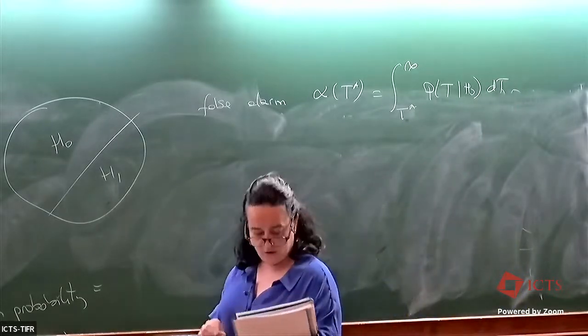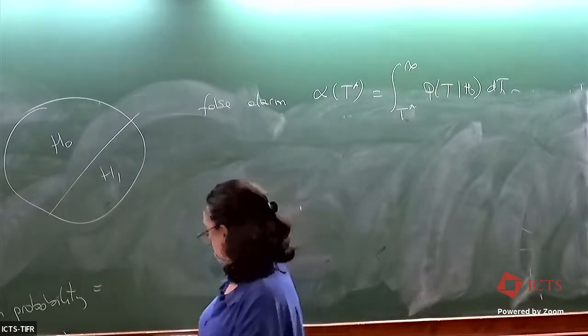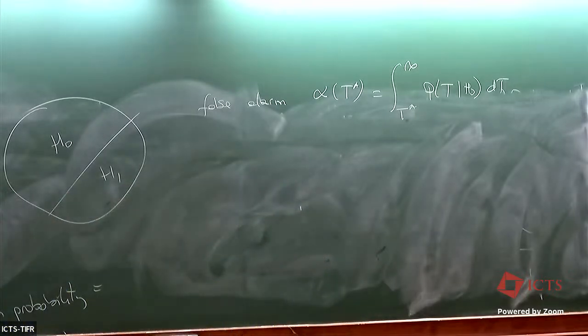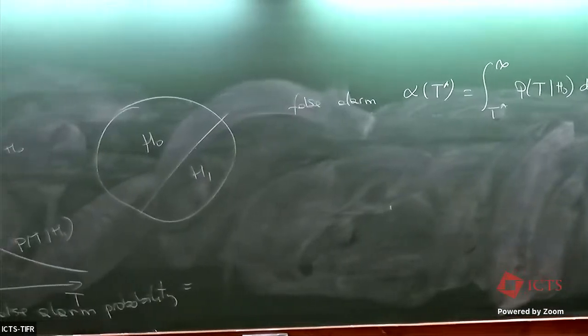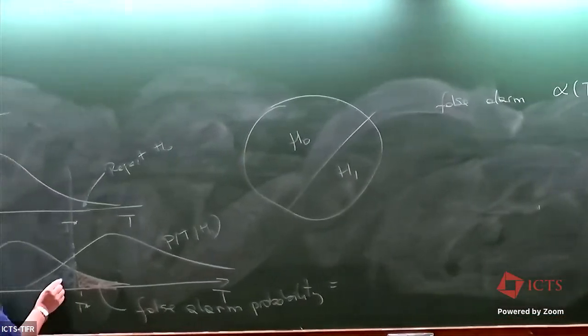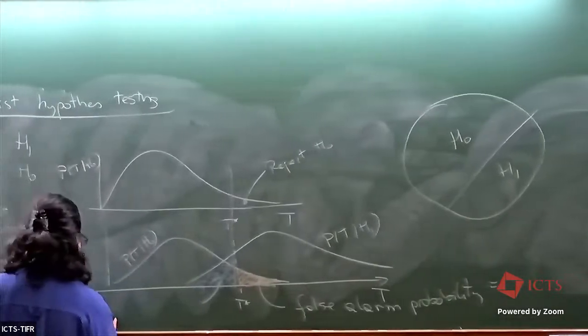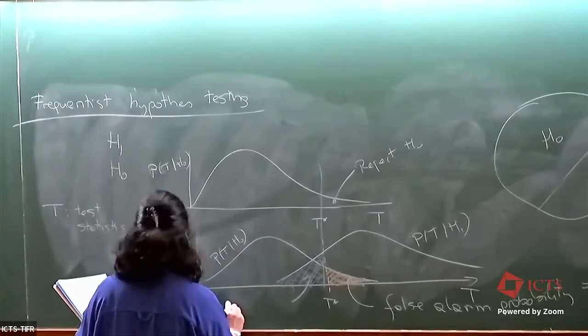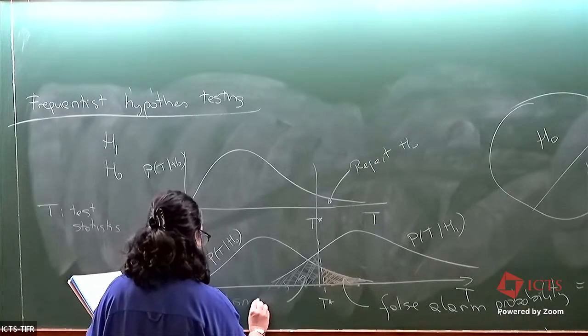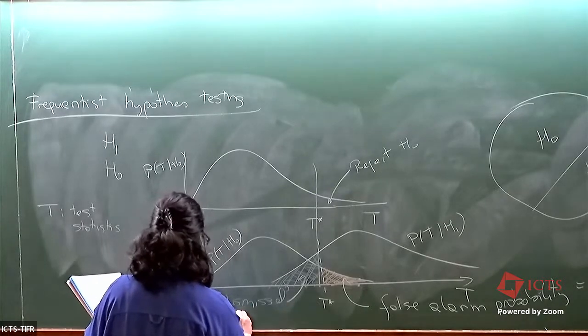And the other error I might be making is that maybe my outcome is below this threshold. Therefore, I accept the null hypothesis, but actually this is compatible with the signal. So this is the other error I can make, and this area here is the false dismissal probability.